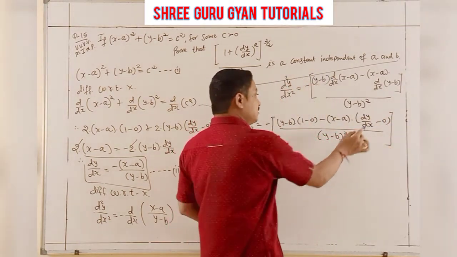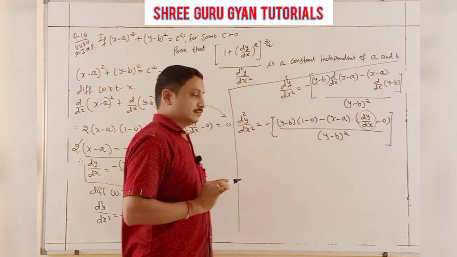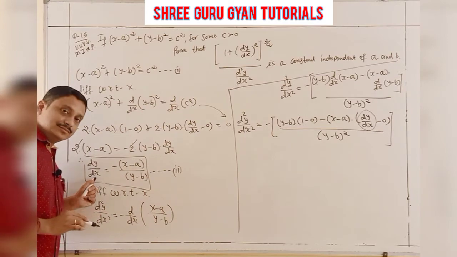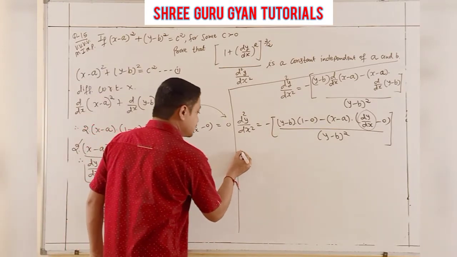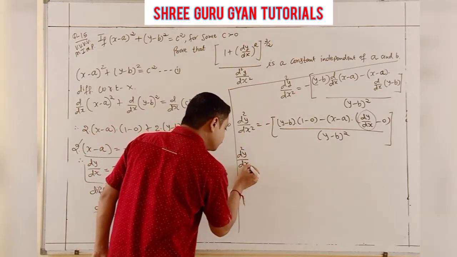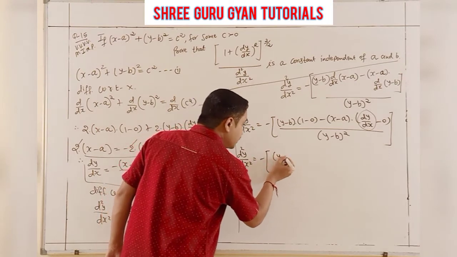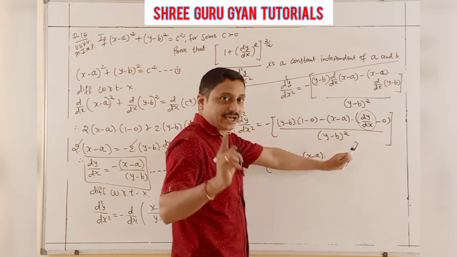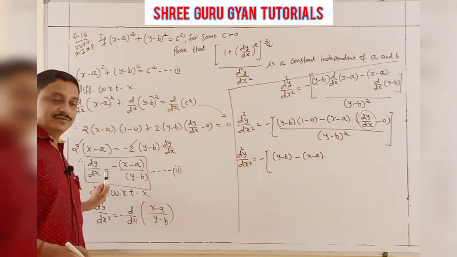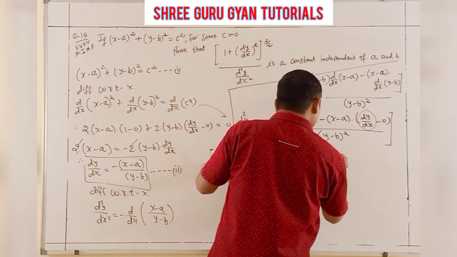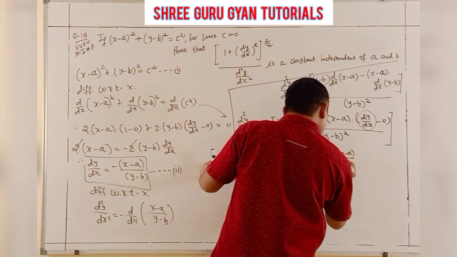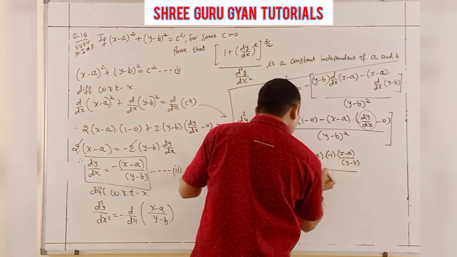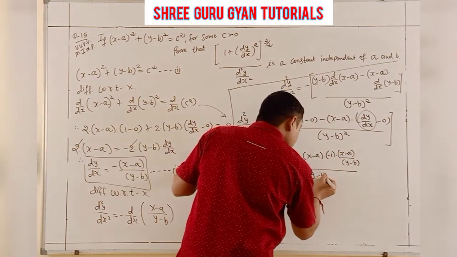Now students, this dy by dx you already know, apply that. So d square y by dx square equals (y minus b) minus (x minus a) times, and this value we collect from here, minus 1 into (x minus a) by (y minus b), upon (y minus b) the whole square.